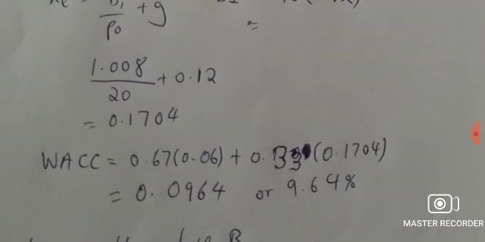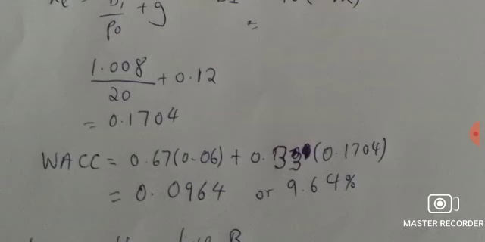This time around, the debt has 4 million and equity has 2 million in alternative B. So you give 0.67 to debt under alternative B. Weight for equity, it's 2 million divided by the total claims, 6 million. You get 0.33, and that's how I've assigned it there. You put their costs there respectively. Cost of debt 0.06, cost of equity 0.1704.